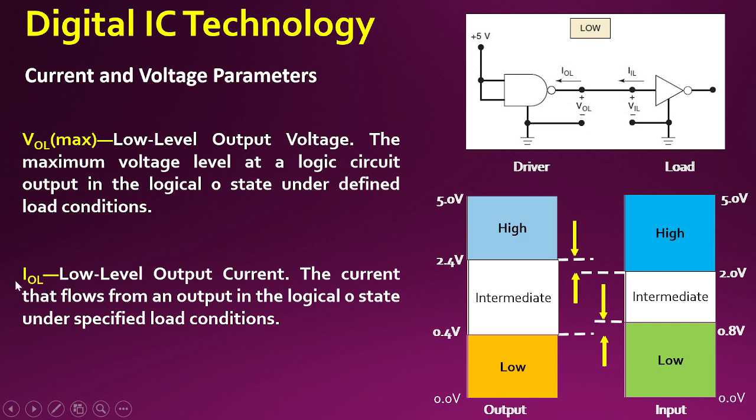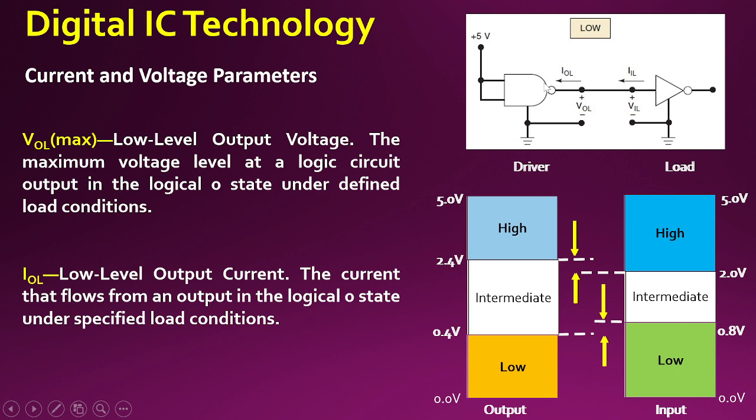And again, IOL is the current that is entering into the driver. If one NOT gate is connected, then only one current, that is IIL, will be equal to IOL. But if there are multiple outputs connected, then all the current components will get added and enter into the system.